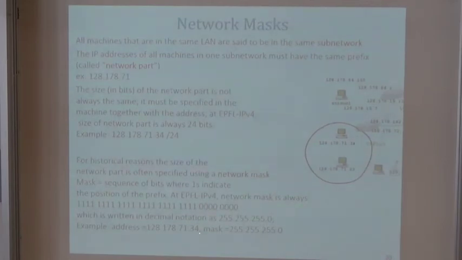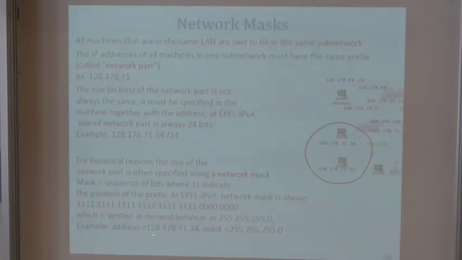If I have this address, if I translate it into a string of ones and zeros, and do the bitwise AND with this, I will find something that will be equal to 128.178.71.0. Right. If another system which has the same mask does the same operation, and the results of those two operations are the same, then that means we are on the same subnet.